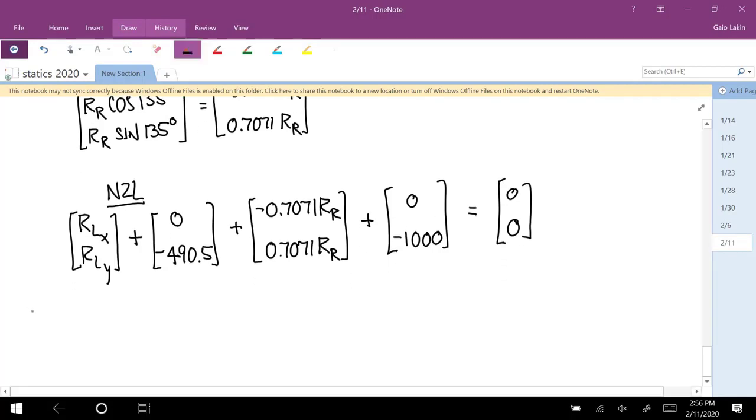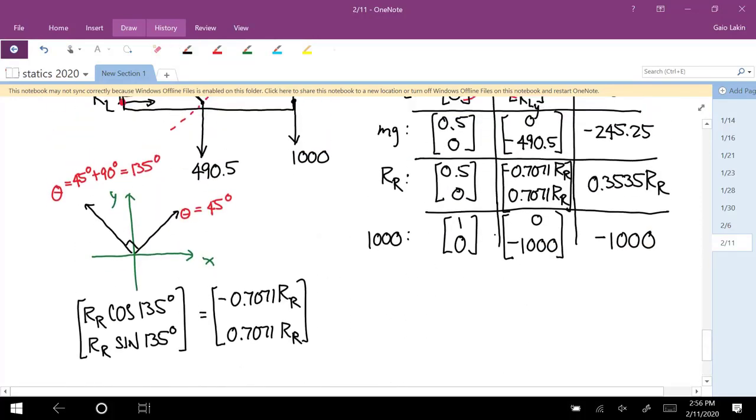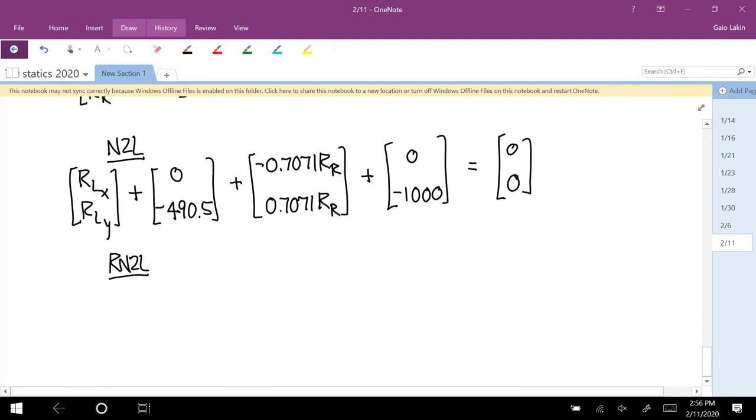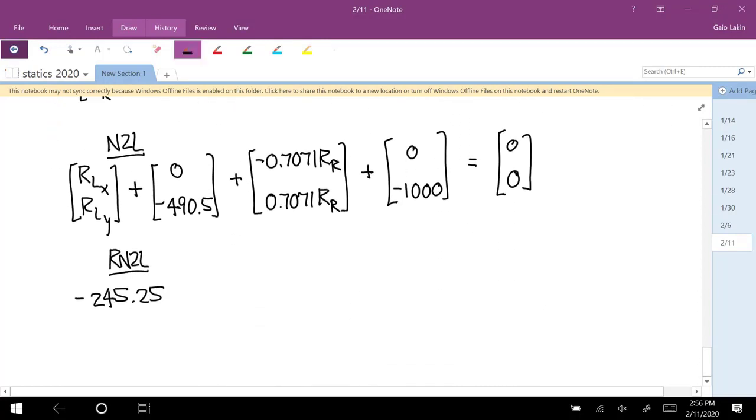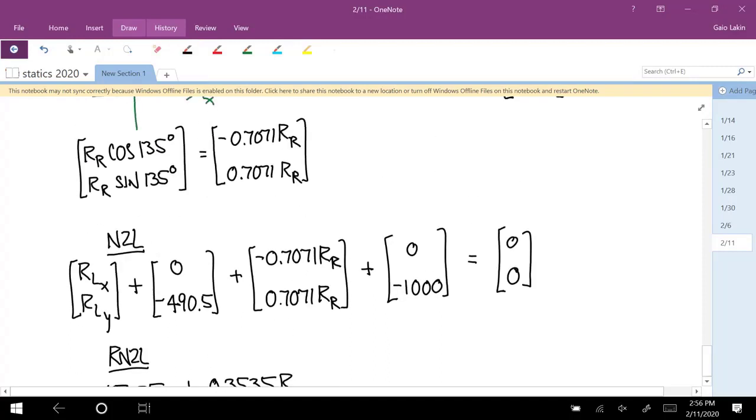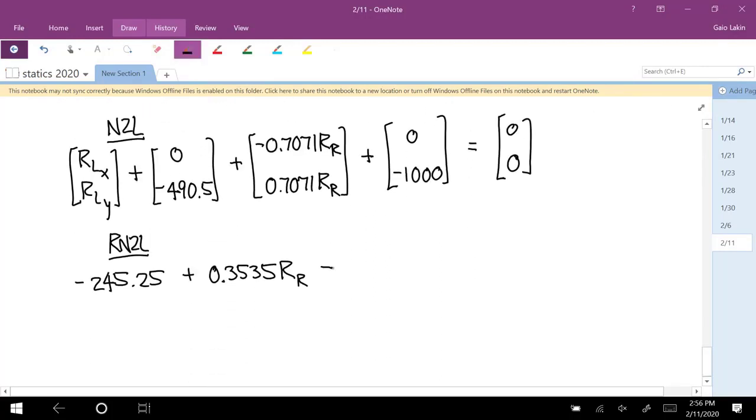And now the moment equation says negative 245.25 plus 0.3535 RR minus 1,000 is equal to 0.